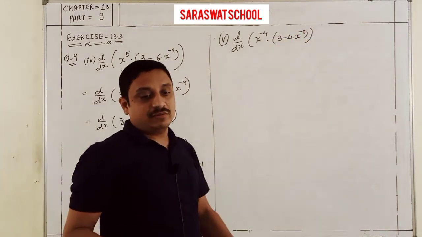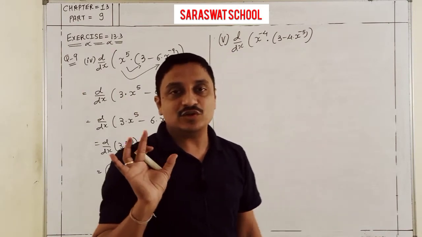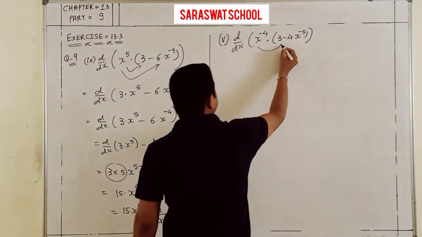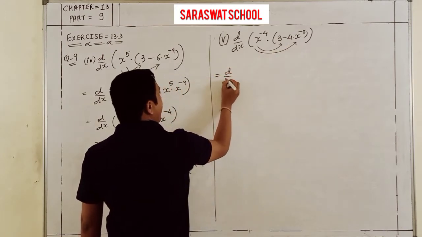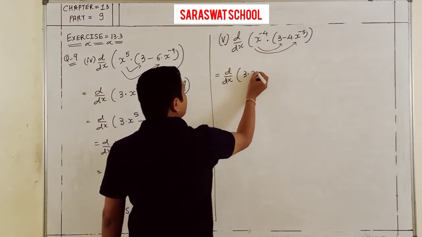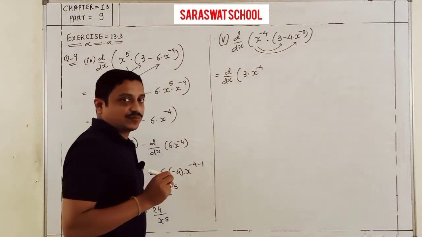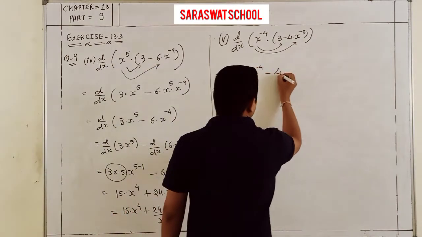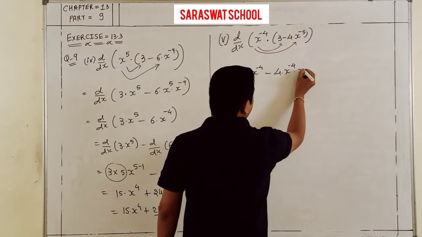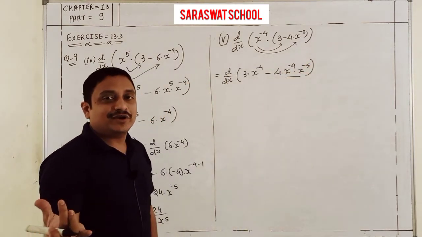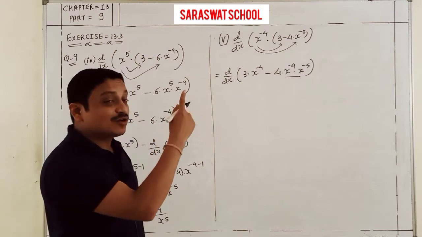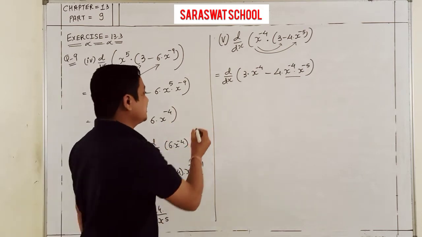Just here also I will multiply and we derive into one polynomial form. So d/dx of 3 into x raised to minus 4 and second minus 4 into minus 5. So here the base is the same, whenever you add powers, minus 4 minus 5 will be minus 9.